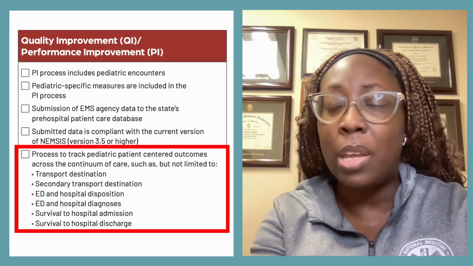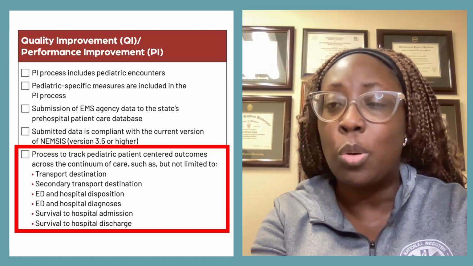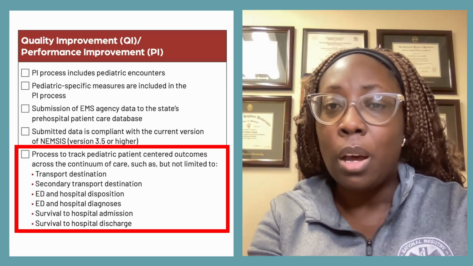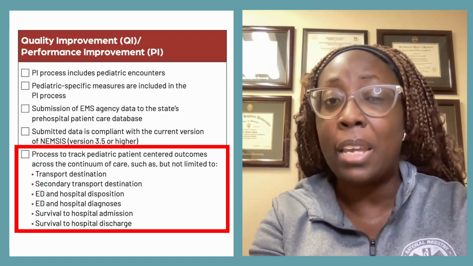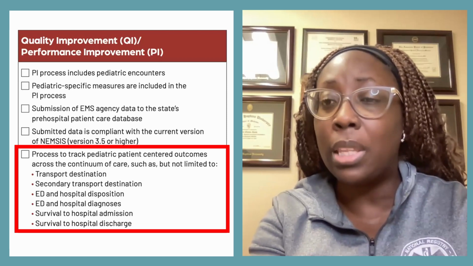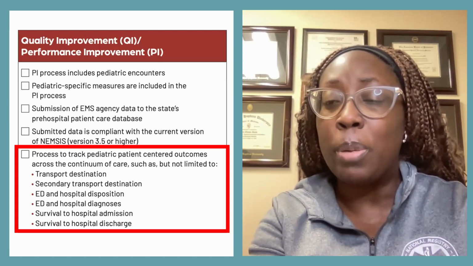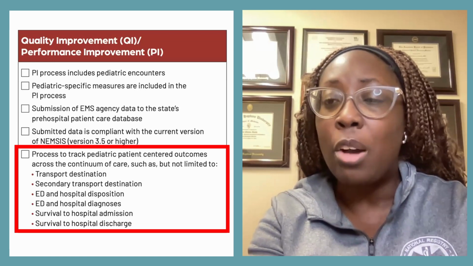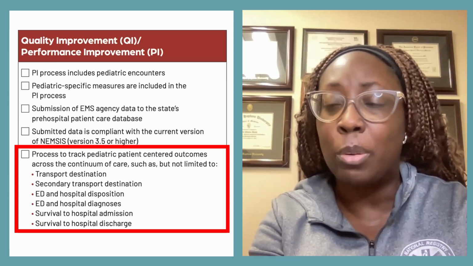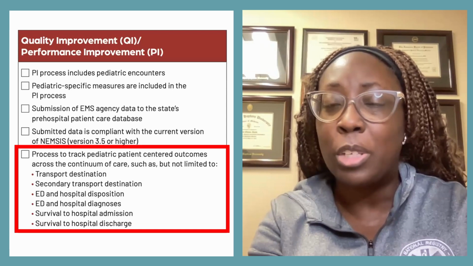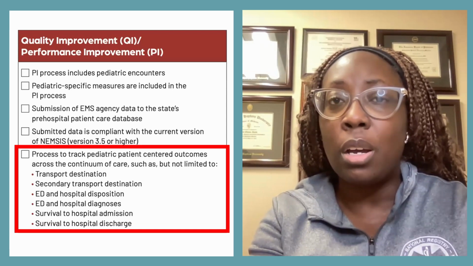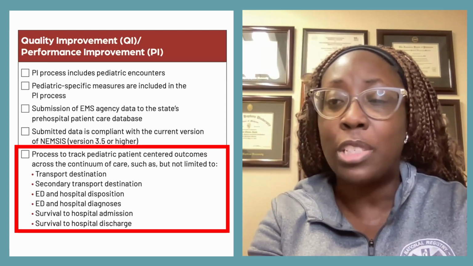And so to have that relationship and collaboration with your local healthcare system and have the discussion around, hey, at some point we would really like to track our pediatric specific outcomes. How can you help us to do this? How can we better collaborate to get this data and this information?